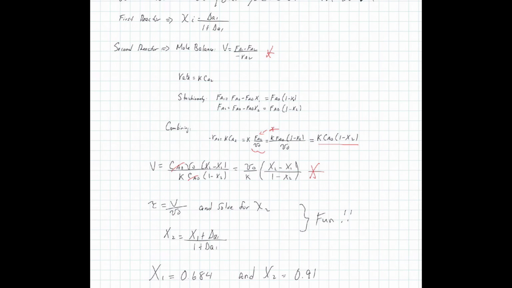So to do that, you always divide that volume that we were obtaining over the volumetric flow rate to get tau, and then solve for x2. I recommend you have fun and do the algebraic calculation to get to this expression.